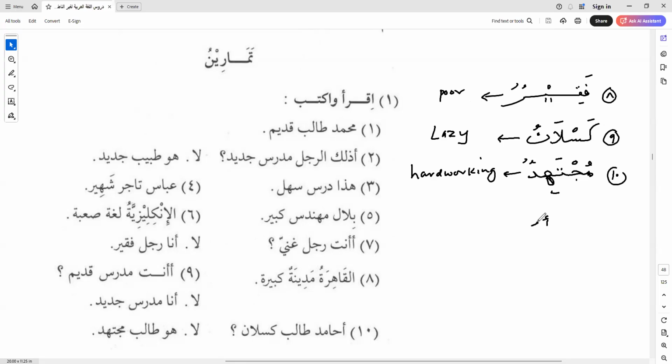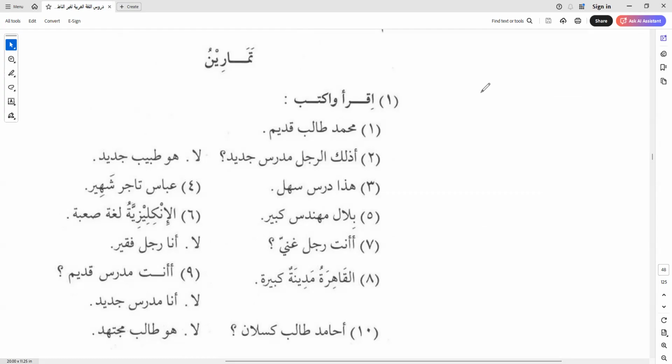So you can say أنا مجتهد, I am hardworking. You can also say هو مجتهد, he is hard working. And yes, these are the adjectives that we're going to come across in our lesson point number 1. That is the objective of the writer here. So let's read through it.